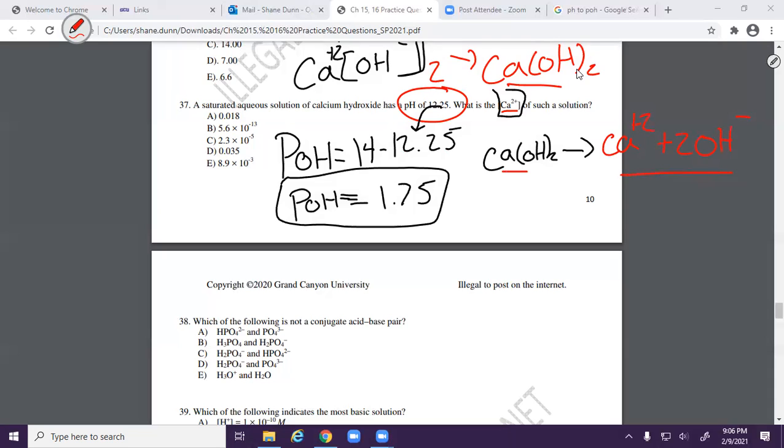Do you see that? Calcium hydroxide breaks down to calcium plus 2 hydroxides. Can pOH tell me how much of this stuff I have, theoretically speaking? Yes or no? Can I figure out how many hydroxides I would have given that pOH value?